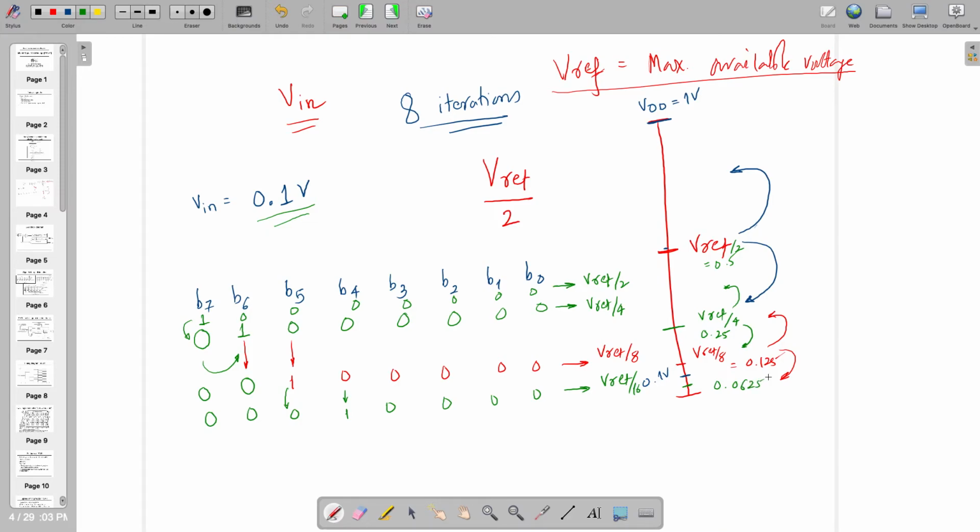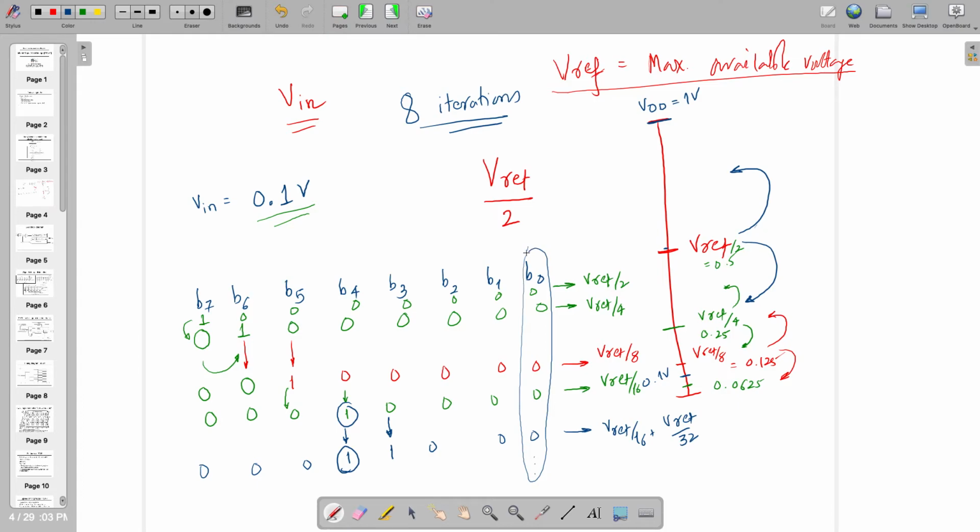If it is more than that, then you have to make this one as 1 and check what is happening at the next level of 1. For this one, you need to find out the equivalent code. So it's Vref by 16 plus Vref by 32, right? And you have to do it till the last bit.